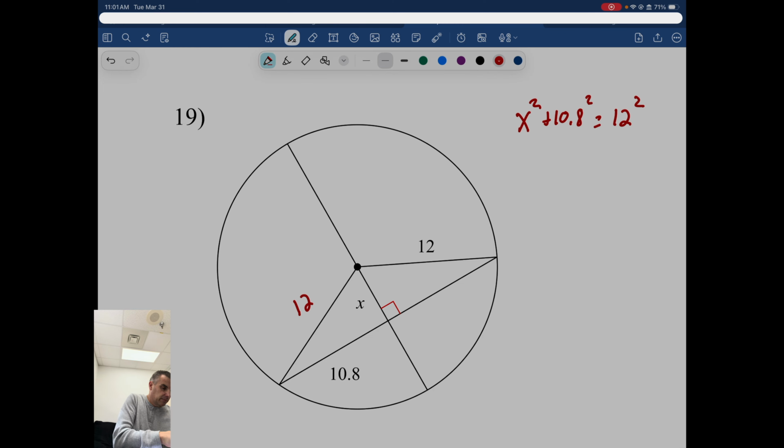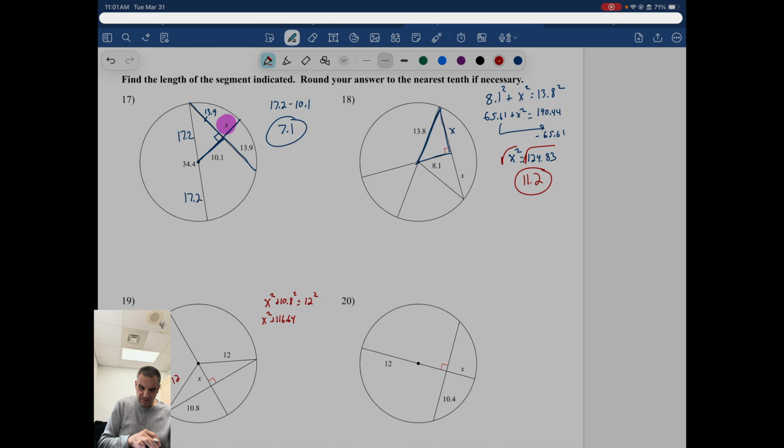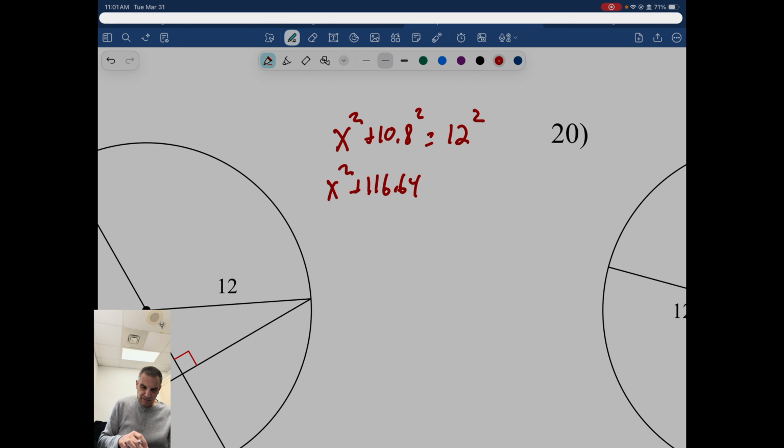10.8 squared. So x squared plus 116.64. Didn't we just have that? Maybe not. Equals 12 squared is 144. Going to subtract 116.64. 144 minus 116.64.